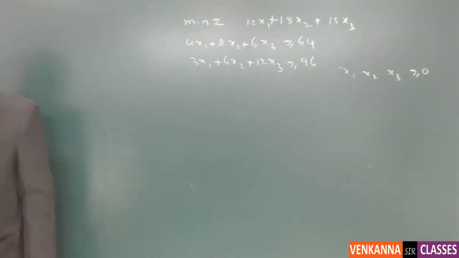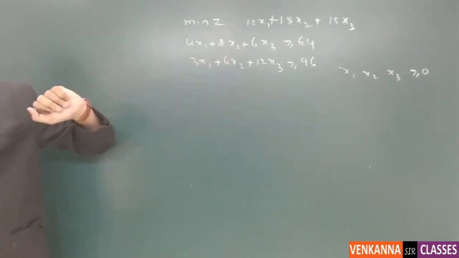Right. Now, if you write the standard form, for the first one, you are going to introduce a surplus as well as an artificial variable.